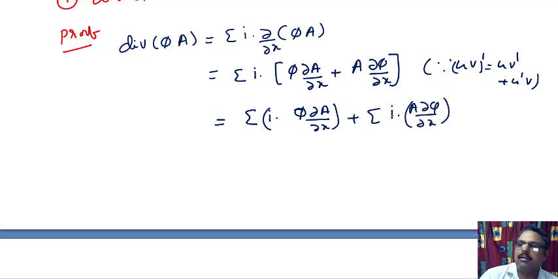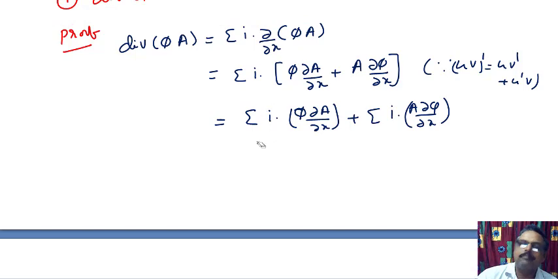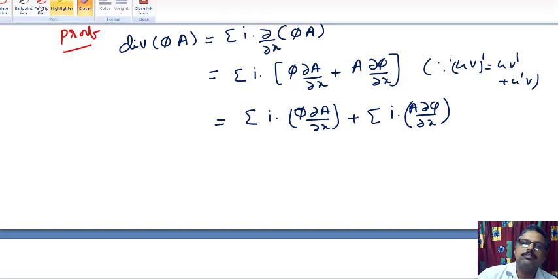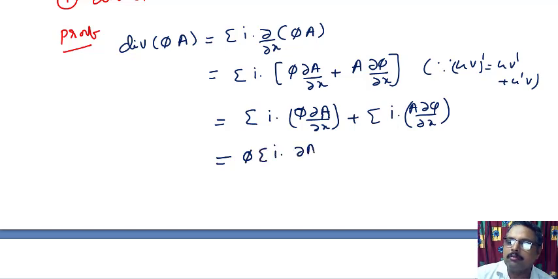Okay, I will take the bracket here. Now if you observe, A is a vector. Since phi is a scalar quantity, this can be written as phi sigma i dot dou A by dou x.